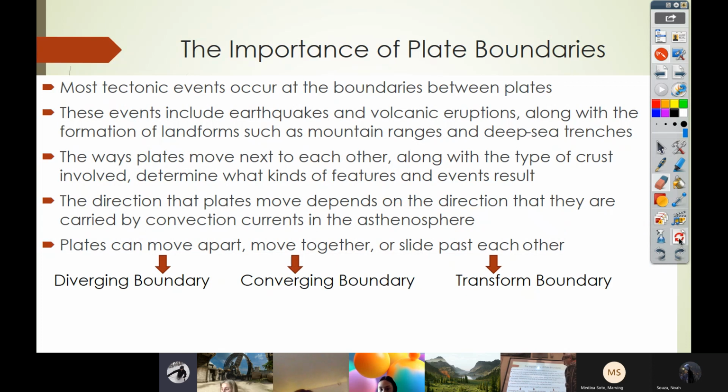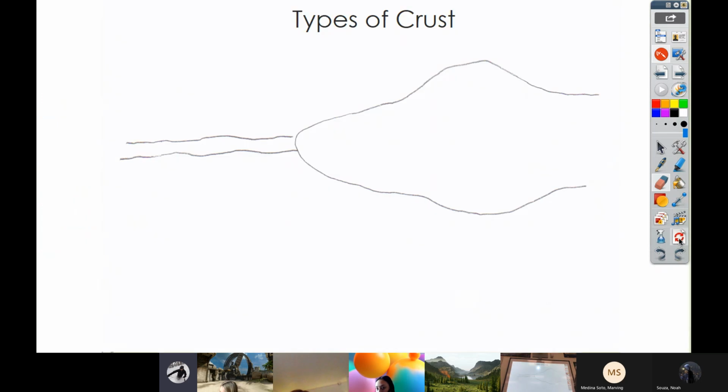Okay, so now we're going to start with our drawings. The first drawing, you should label it with a title at the top. It says types of crust. And you start by drawing these shapes, and then we're going to add some things to it. I'm going to draw with you.